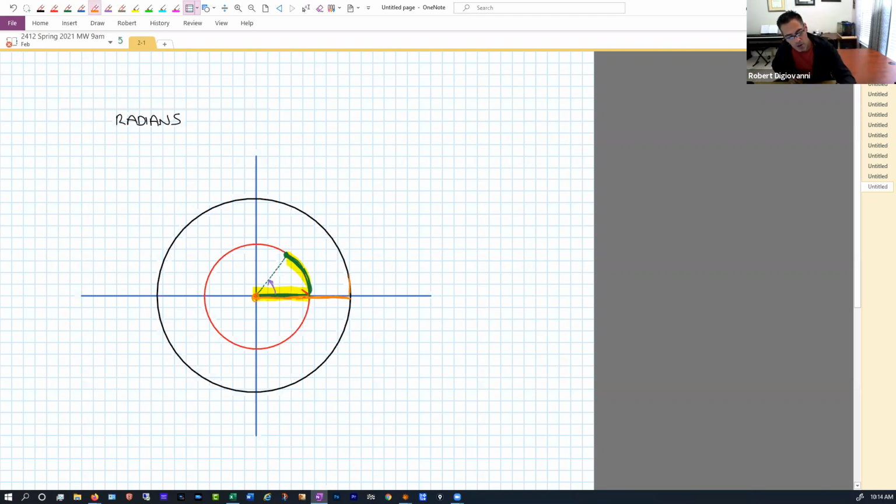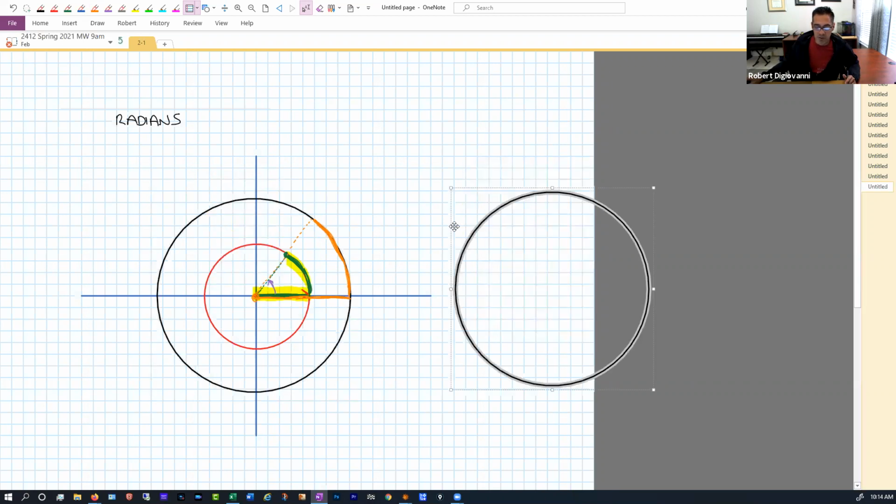Now walk along the black circle that same distance, and then draw the dotted line that goes out to it. And guess what? The angle that's formed is the same as this purple angle. It's the same angle.